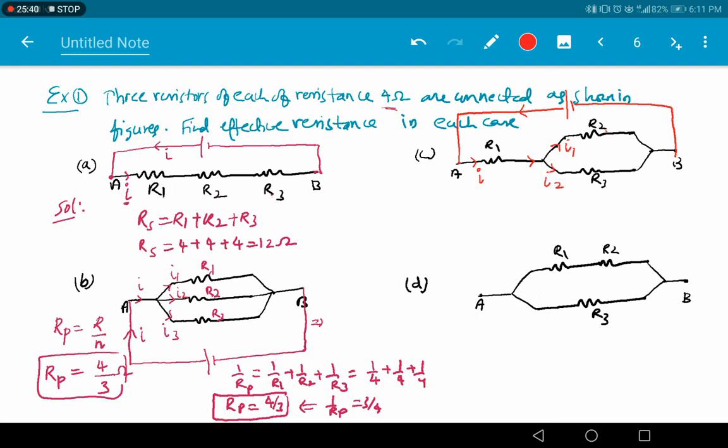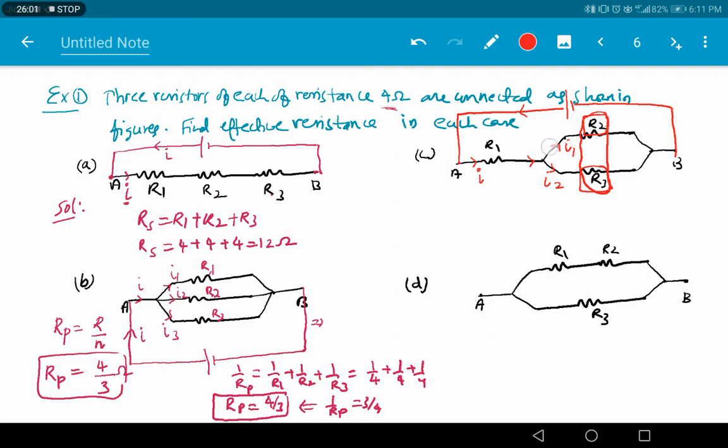That means across the resistors R2 and R3, the current is splitting. That means R2 and R3 should be connected in parallel combination, because the deviation is there. The current is splitting in the two resistors.